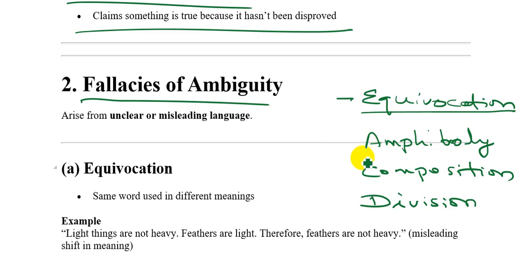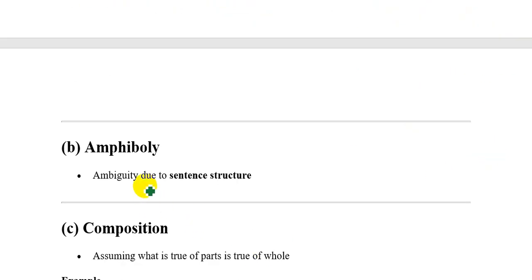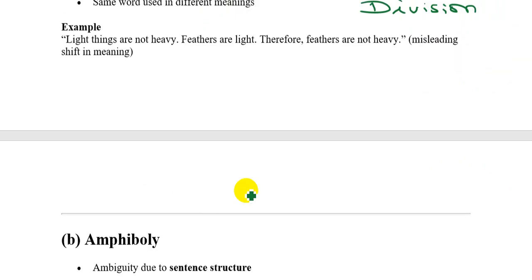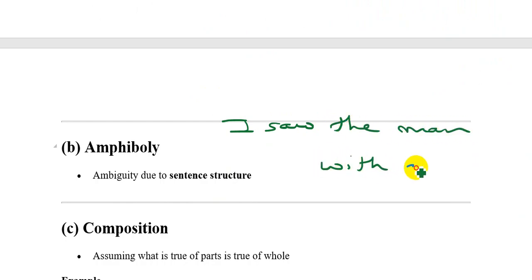Fallacy of amphiboly occurs when there is ambiguity due to sentence structure. For example, I saw the man with a binocular. So the question comes up, who had the binocular?